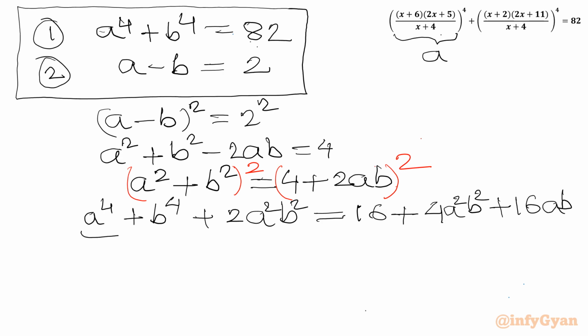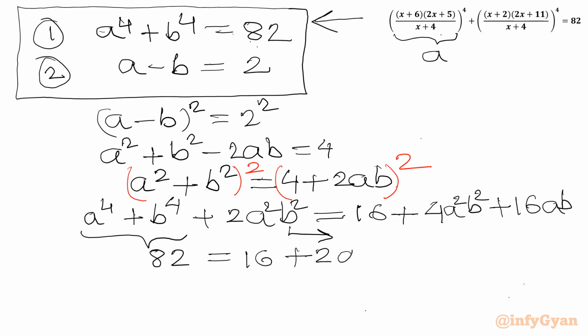Now I will put here A^4 + B^4 as 82. So 82, and I will take this term to the RHS. So I can write 16 + 2A²B² + 16AB. Now I will take all the terms to RHS, or let us divide by 2 first.